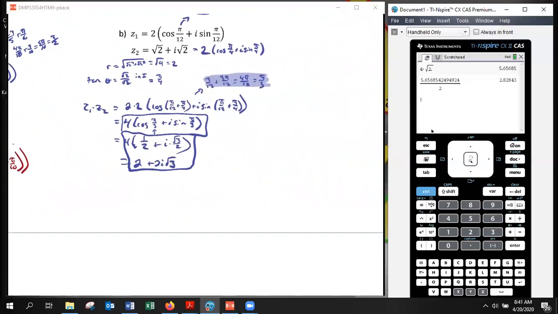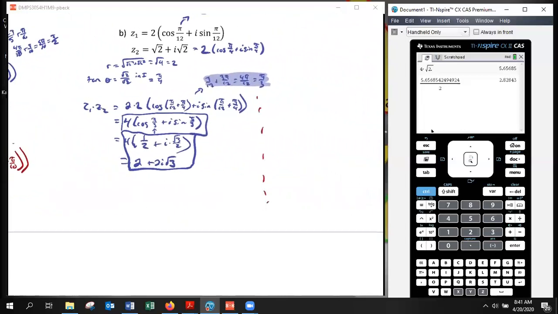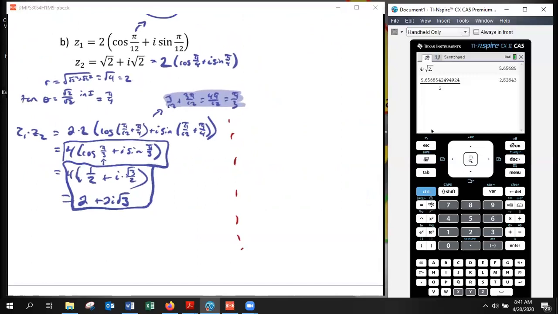And then, very last problem. So sad that it's the last one, but Z1 divided by Z2. Once again, I'm going to divide my radii, so 2 divided by 2. Remember the radius of that one was 2. And then cosine of pi over 12 minus pi over 4 plus i sine pi over 12 minus pi over 4.